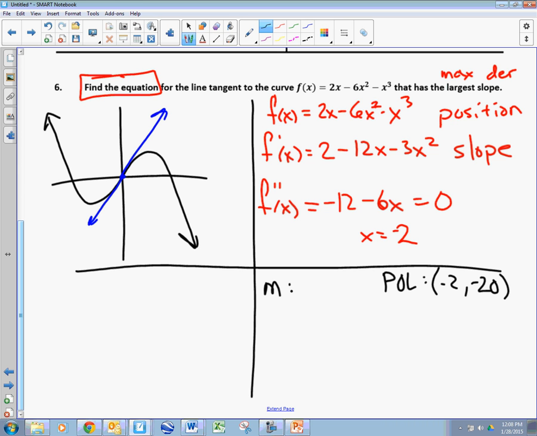What about the slope? Plug it into the derivative. The derivative will tell us the slope at that time. So negative 2 plugged into the derivative, I get 2 plus 24 minus 12, 14.